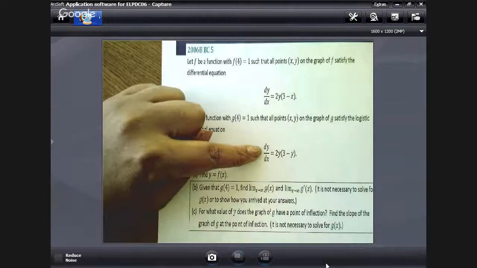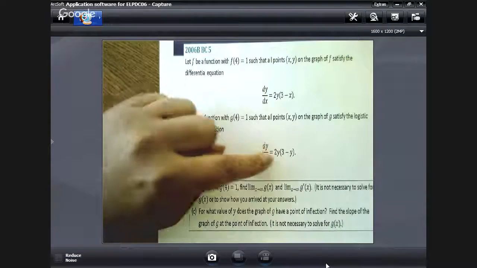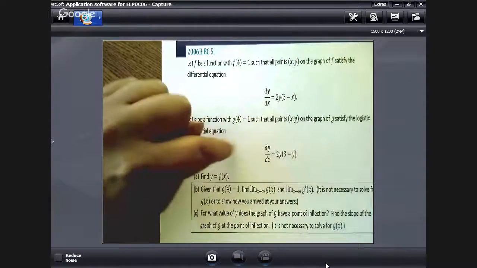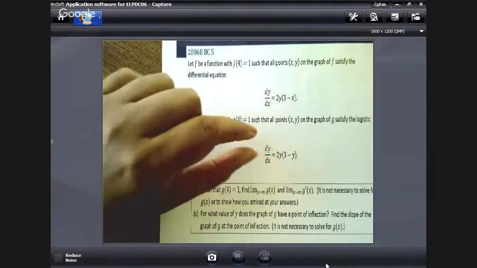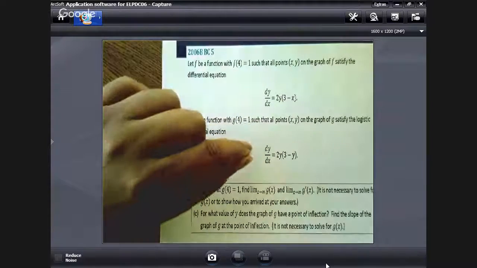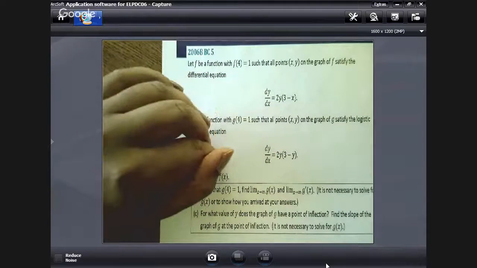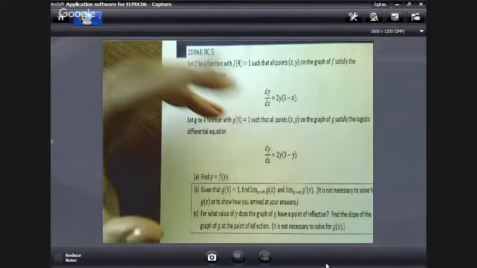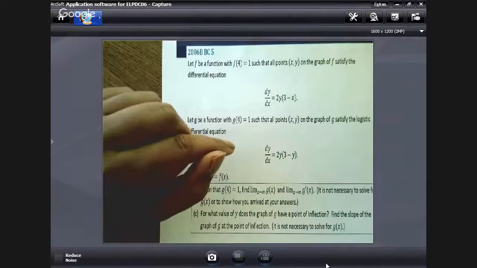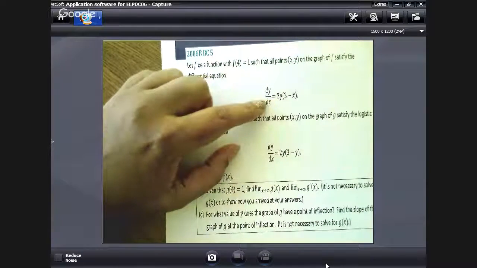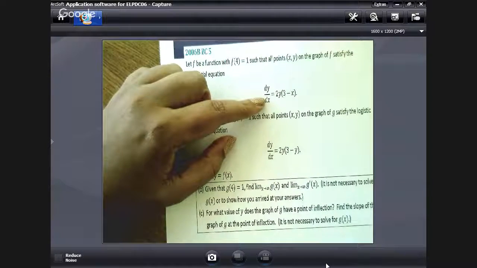This differential equation is logistic, ky times m minus y. This is logistic. The key here to knowing that it's a logistic differential equation, other than the form, is that it's a function of y only, no x's, and it's quadratic. That might be helpful to you to remember that. This one has both x's and y's in it, so it's not a logistic differential equation.